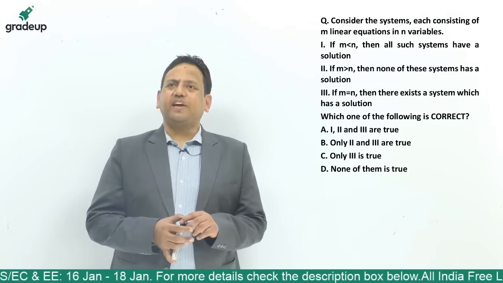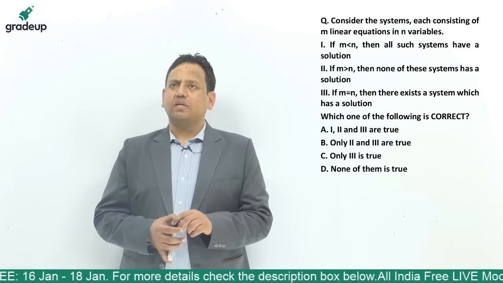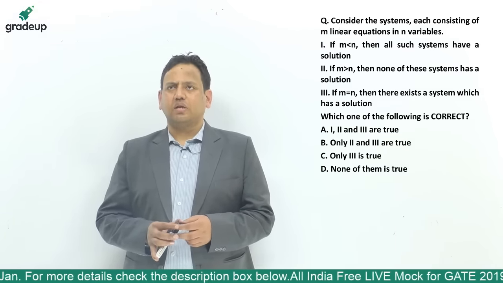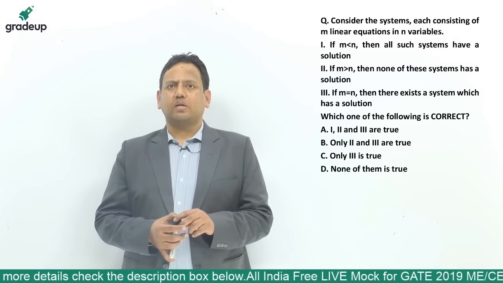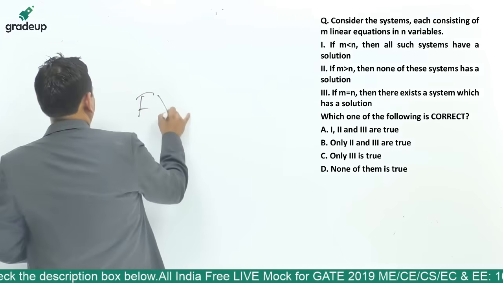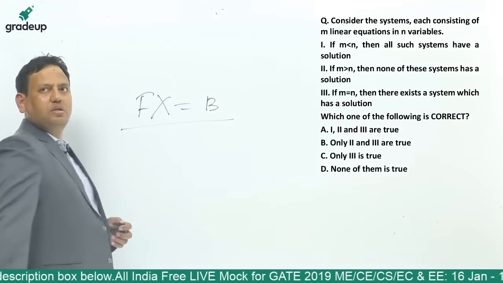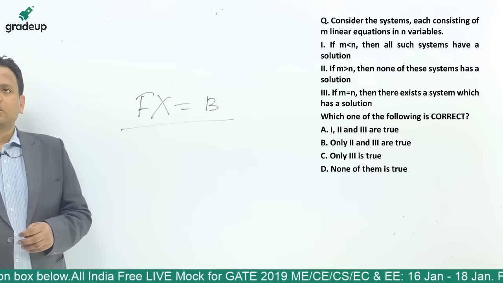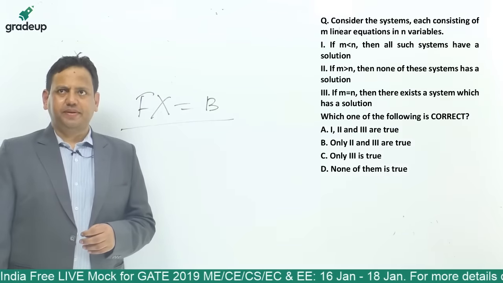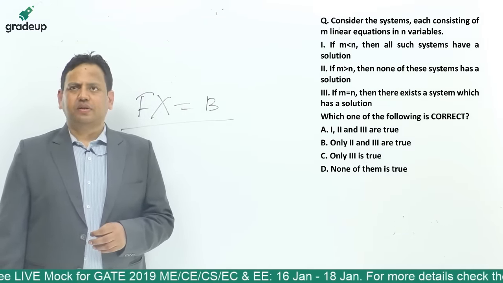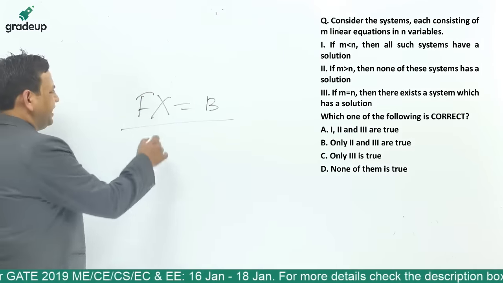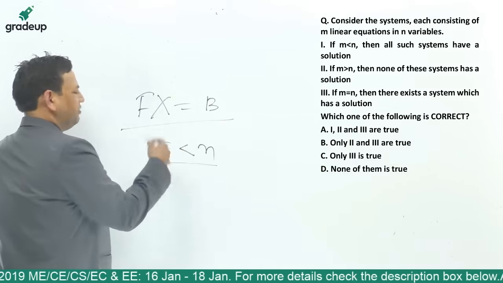The question with F, U and V. Just write down F, U and V. You are asking about this question, yes or no. For this one we are saying the rank of F is less than n, so there will be at least one non-trivial solution.